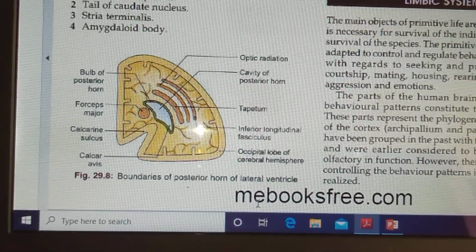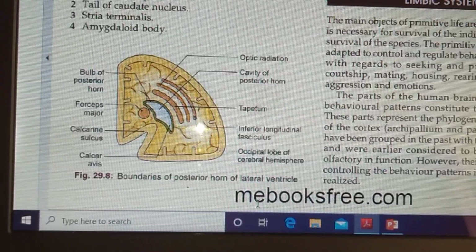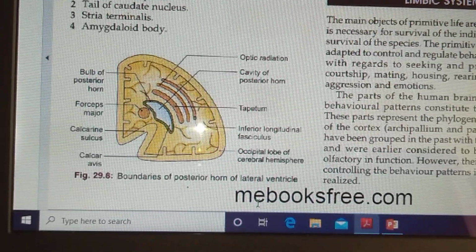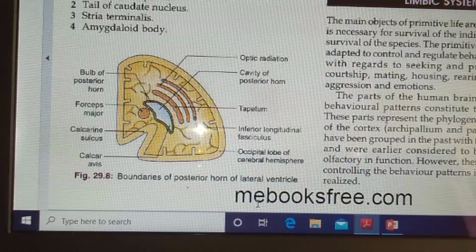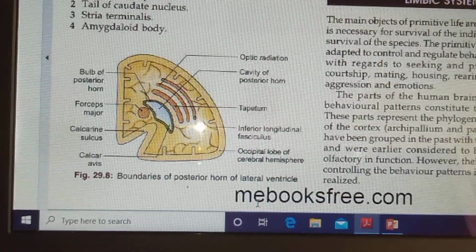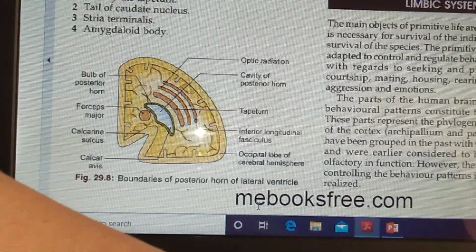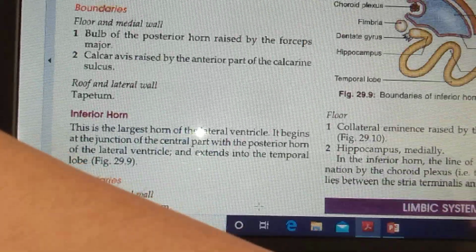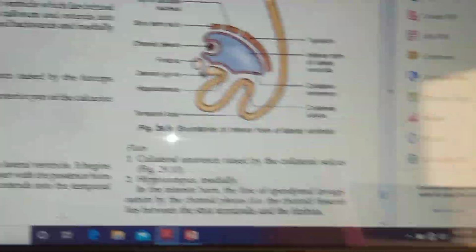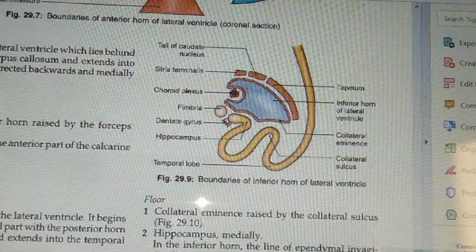Next is the inferior horn. You just have to give the introduction and the boundaries of the horns. The inferior horn is the largest horn of the lateral ventricle. Here you can see the diagram for the inferior horn.